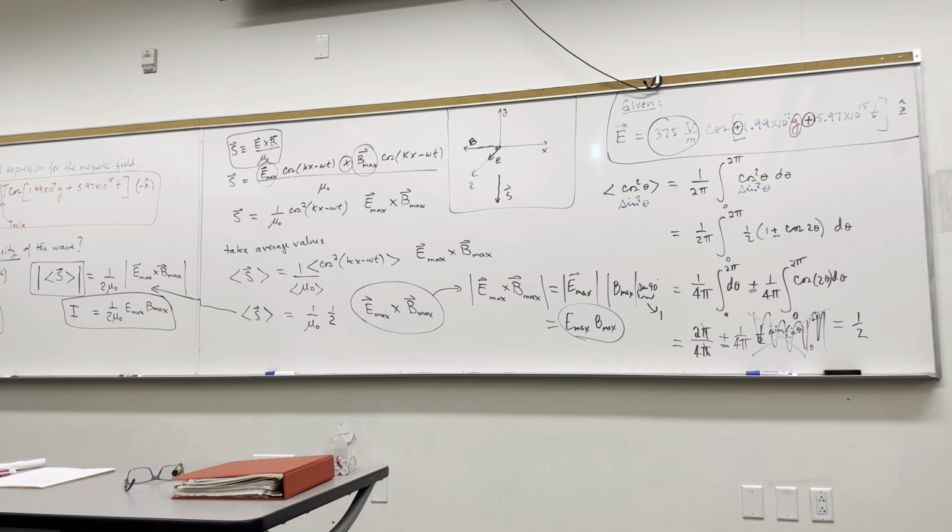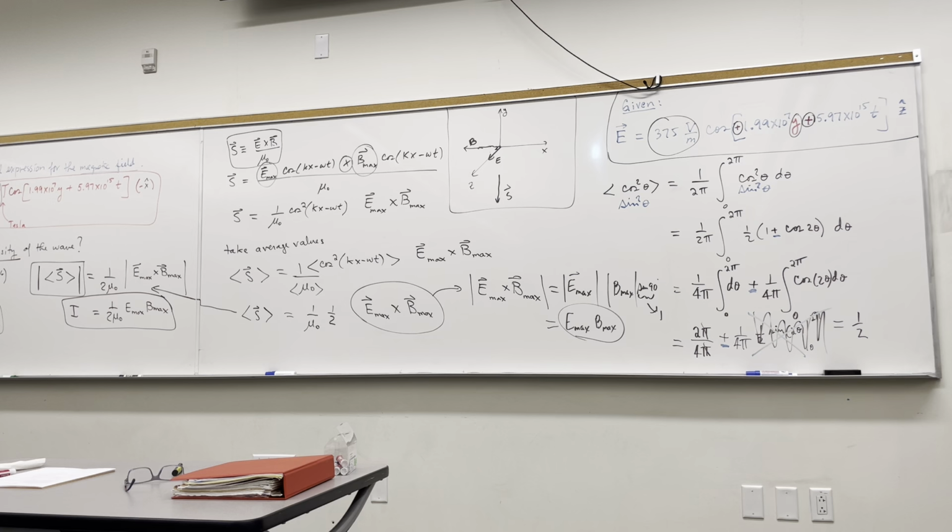So how do you do this integral? The 2 comes outside, so this is 1/4 pi. And then you integrate 1 d theta, so you integrate d theta from 0 to 2 pi. Plus 1/4 pi, and you integrate cosine of 2 theta d theta from 0 to 2 pi.